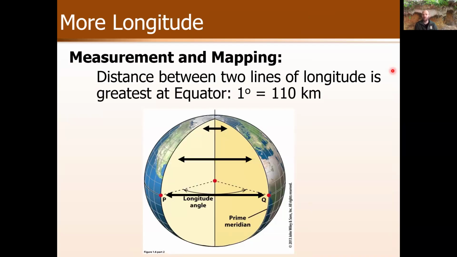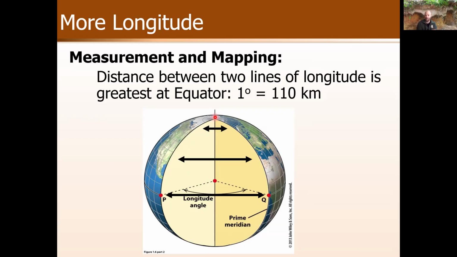Kind of some additional information, more longitude, as you will, measurement and mapping. So in this case, the greatest distance between any two lines of longitude, so between 0 degrees and 1 degree west, for example, the greatest physical distance on Earth's surface is right at the equator because it's a sphere. And in fact, every single line of longitude interconnects at both the North and the South Pole.